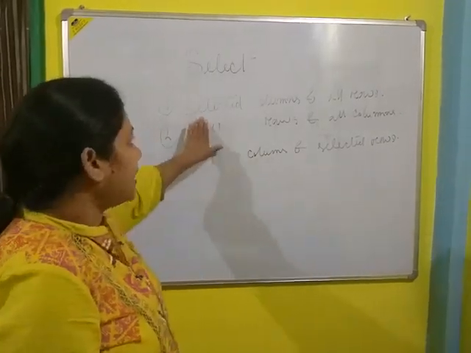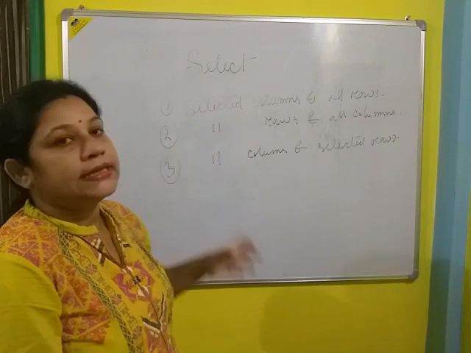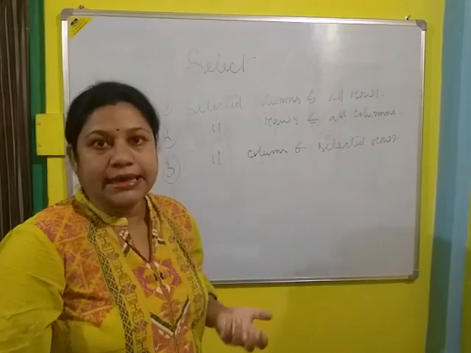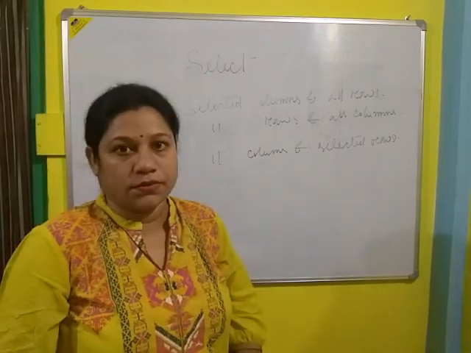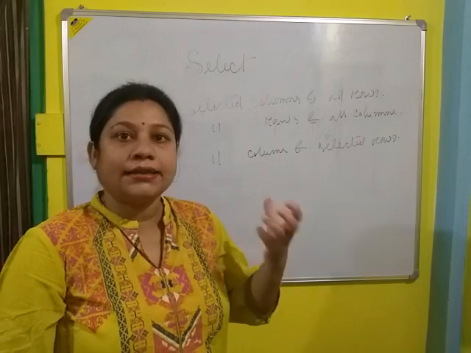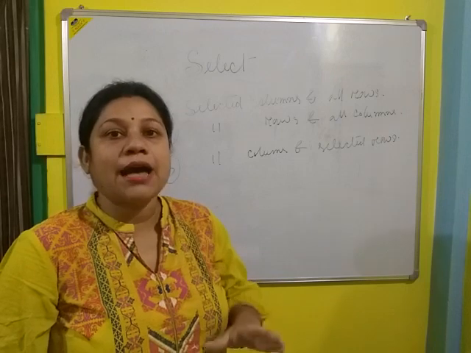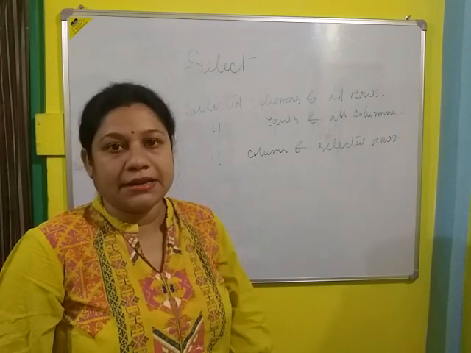In the first method, in a table there are many columns. At the time of displaying the data values of a table, you can skip some of the columns.